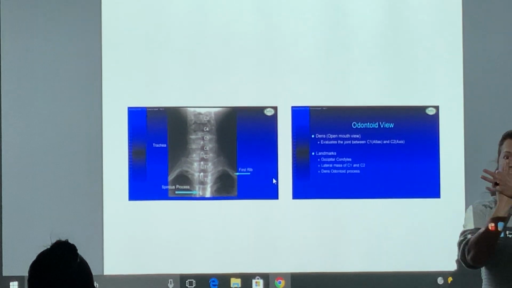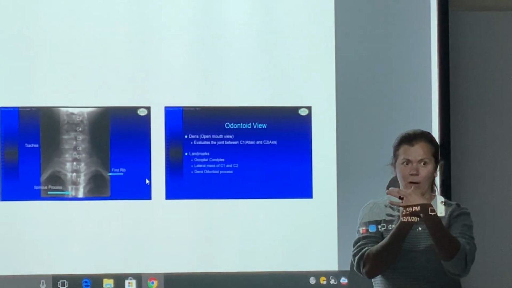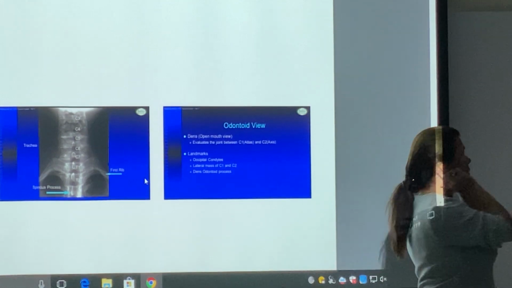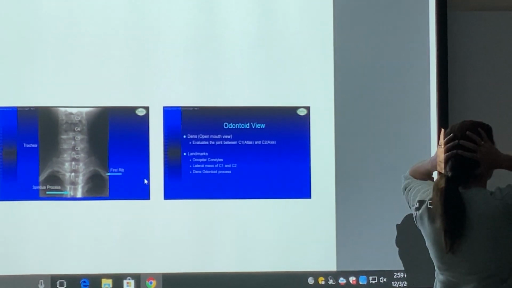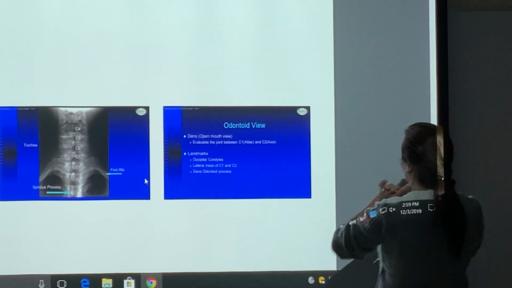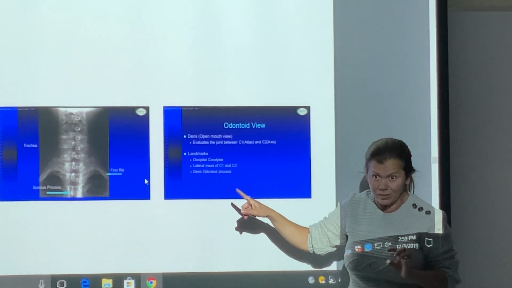The only way to see the axis, which is the second vertebral body, is to do an open mouth view. Okay? So look at your landmark. If you remember, this is the occiput, the occipital area, and right here you have what are called the occipital condyles. I don't know if you remember that. Okay.